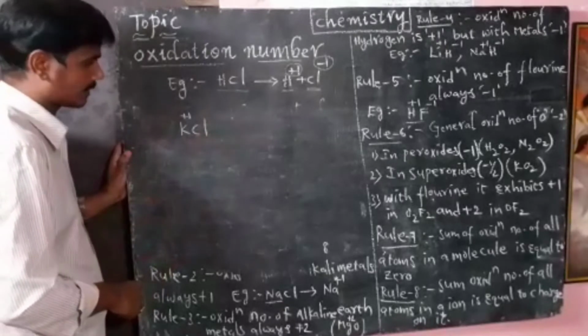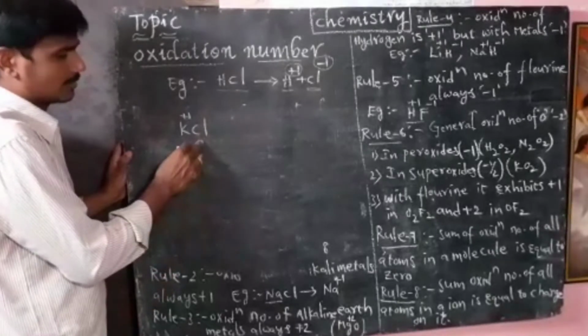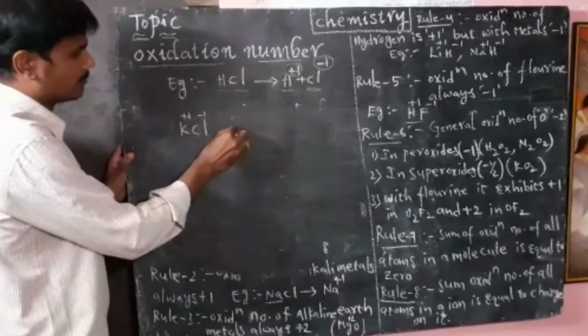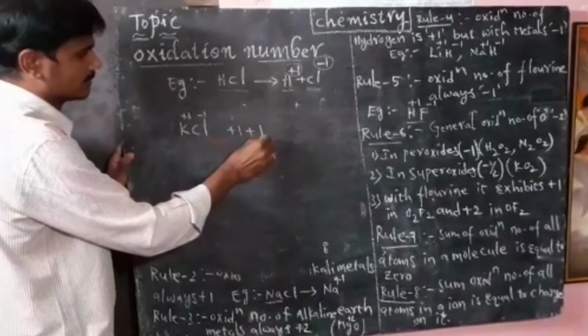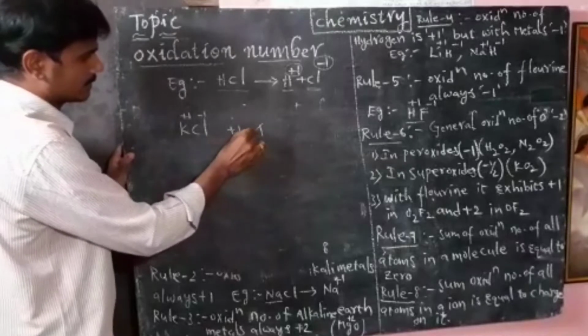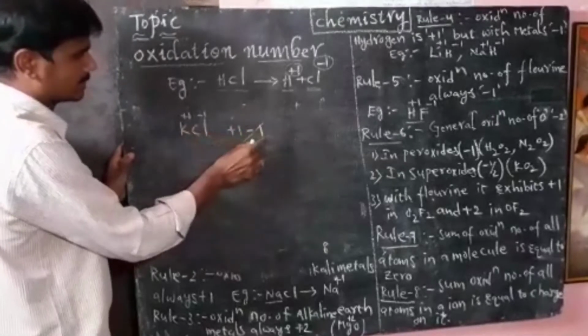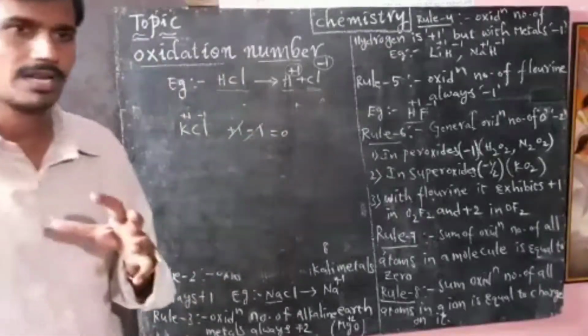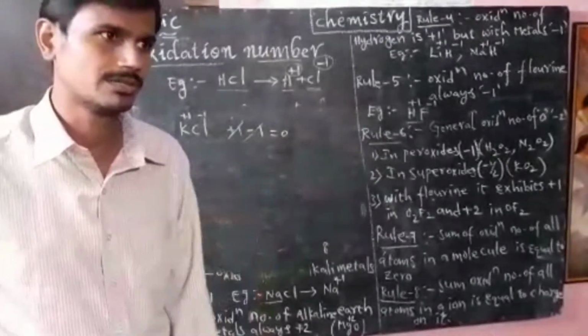Chlorine exhibits -1. So +1 and -1 is equal to 0. The sum of oxidation numbers of all atoms in a molecule should be 0.